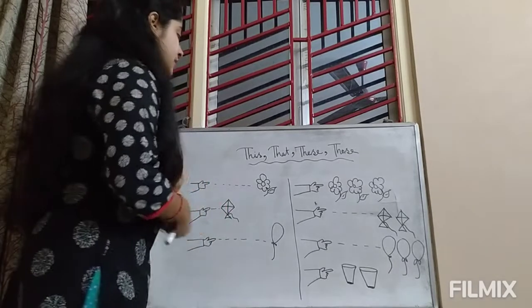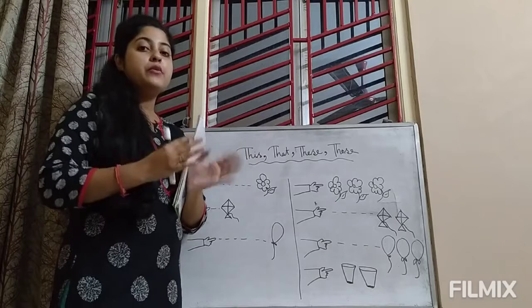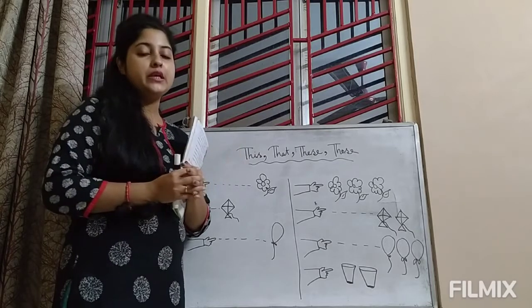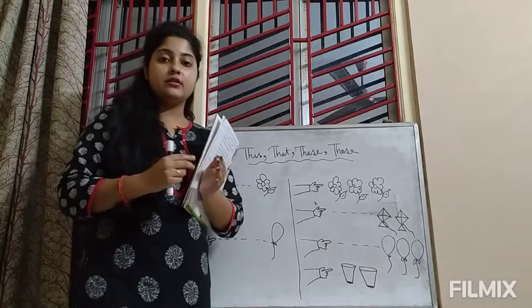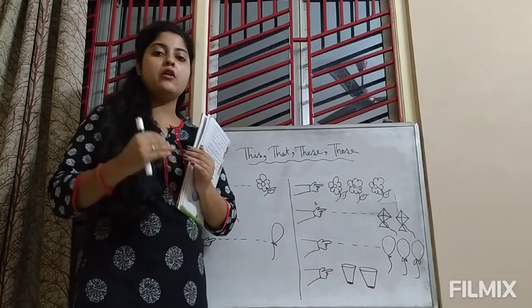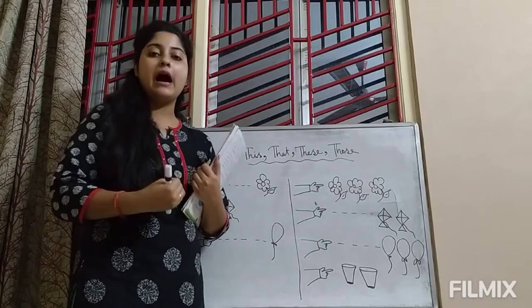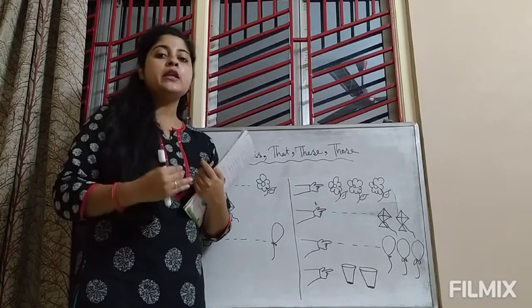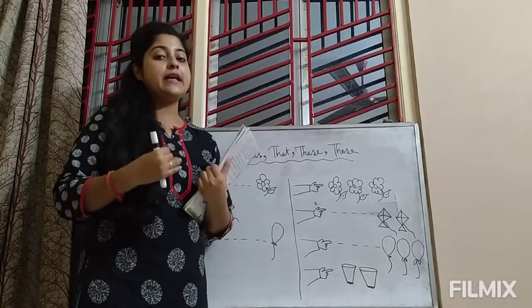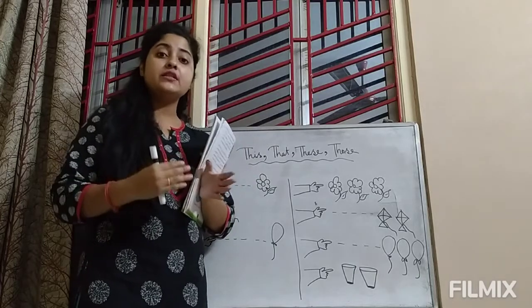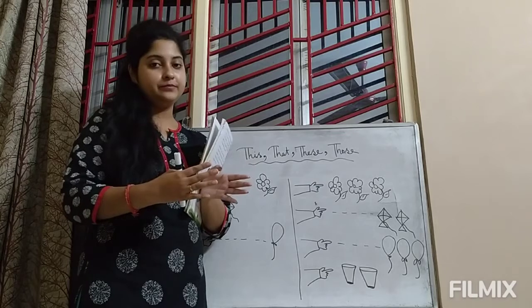Okay, fine. So first of all, I will say when we will use this. When any object or person or animal will be near to us, that time we will use this to describe that animal or object or person.